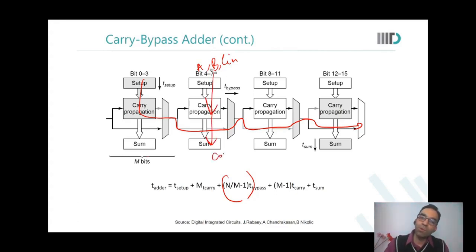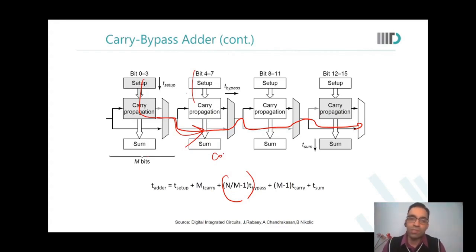However, because you're using the propagate and generate approach, you already know what the Cout could be much faster. You don't need to evaluate after this comes. You know the status of P and G, the multiplexer inputs are already set, and you either propagate or you generate. So it saves time. We'll see how it saves time further also.